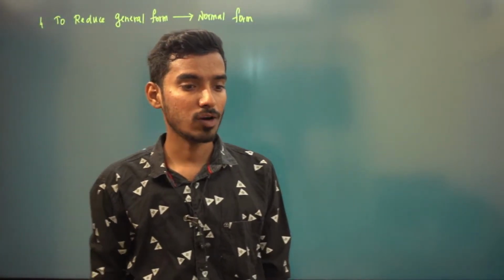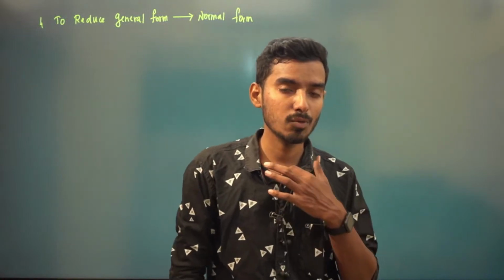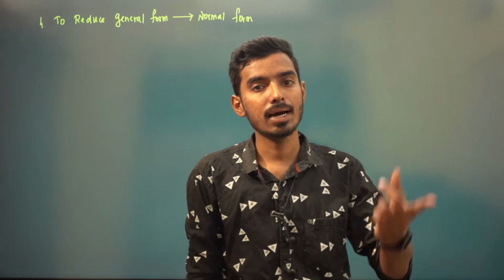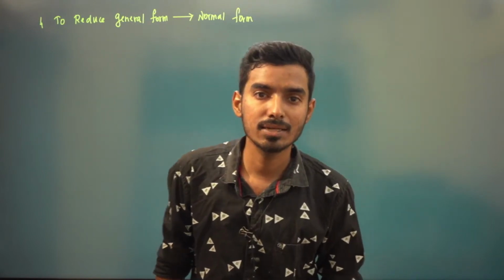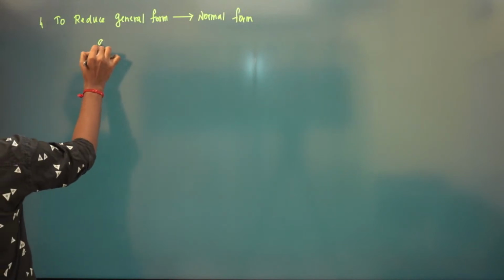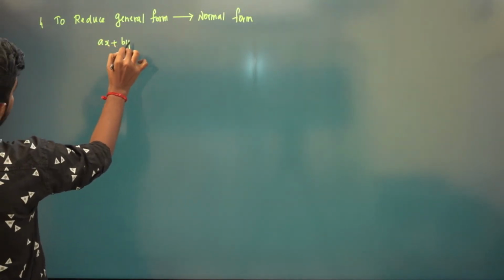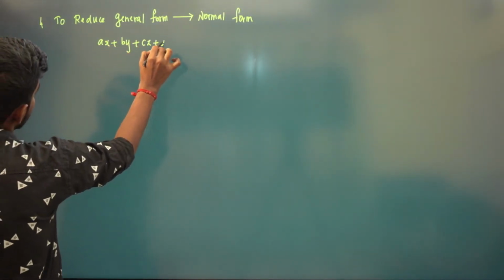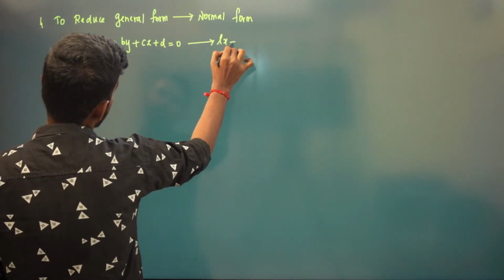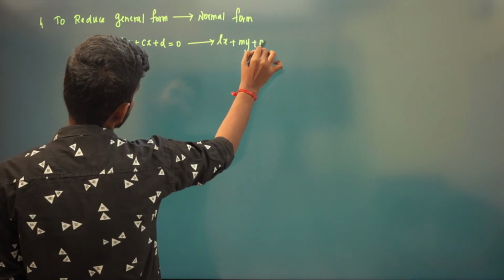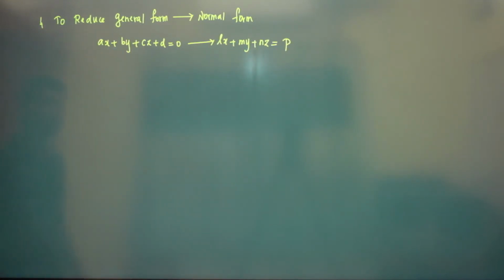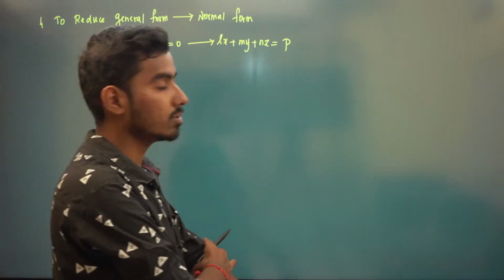The general form is ax plus by plus cz plus d is equal to 0. You want to find that in normal form, lx plus my plus nz is equal to p. How to find? Normal form is lx plus my plus nz is equal to p, right?